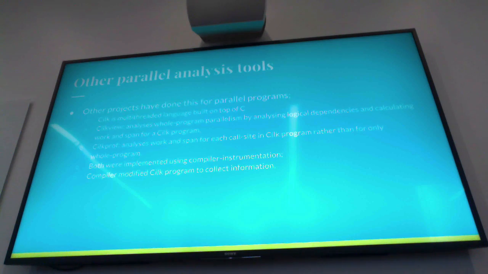There have been many other tools that did parallel analysis, but I'm not going to mention them. Both of these were implemented using compiler instrumentation. I think they modified LLVM, which would add some kind of instrumentation to your Cilk program, and then you would run the Cilk program and it would gather information while it was running. Okay.